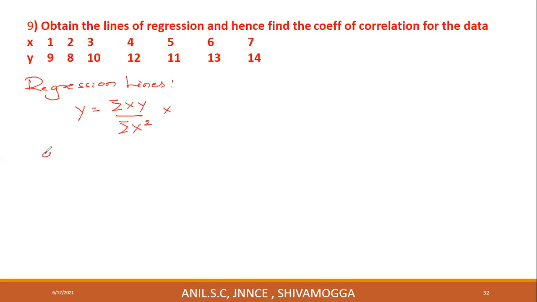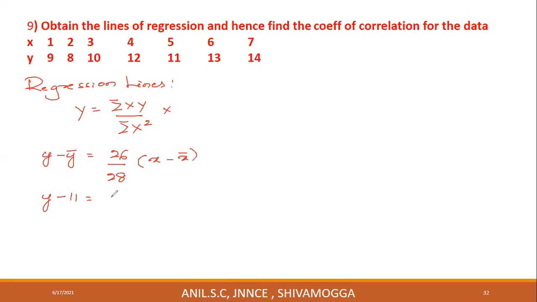Y minus Y bar is equal to summation XY, 26, divided by summation X square, 28, into capital letter X, which is X minus X bar. Therefore, Y minus Y bar, and Y bar is 11.